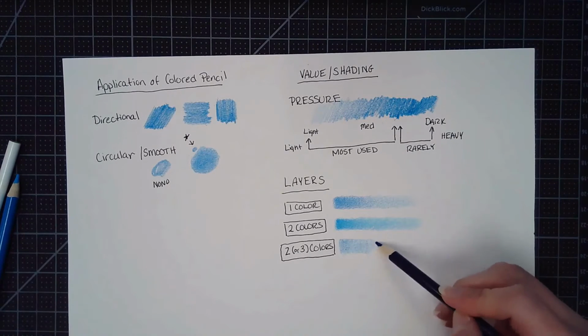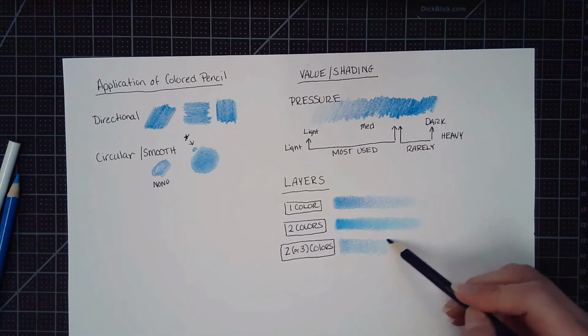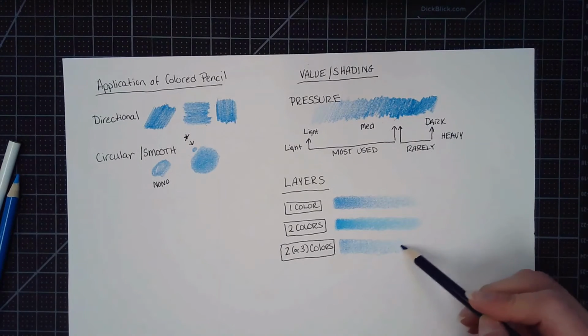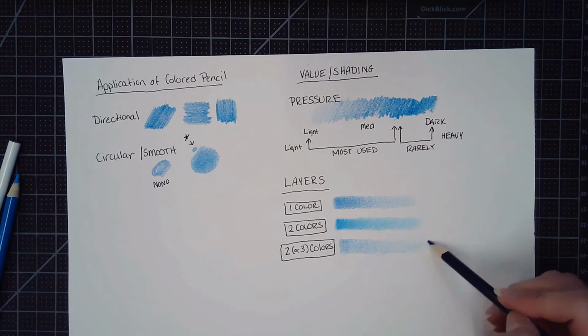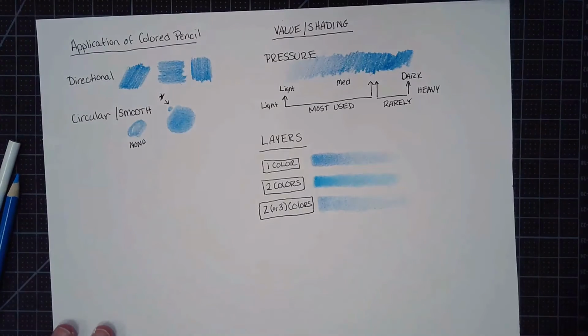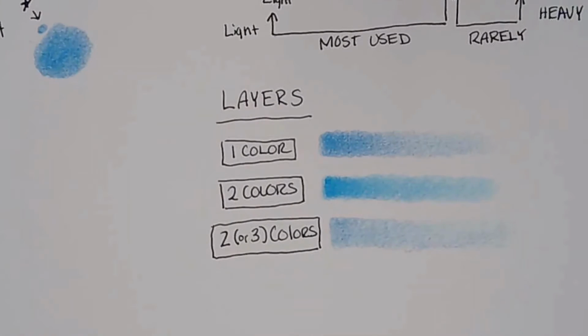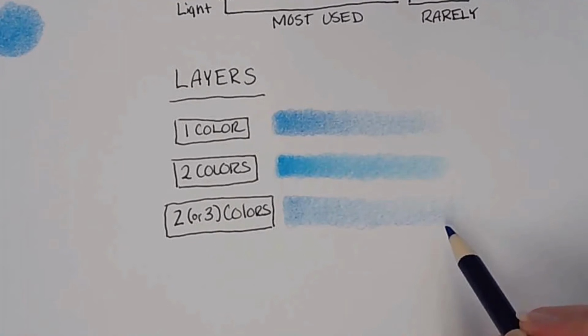So as I come across here with the same pressure, it is getting a little bit lighter. I'm also noticing my pencil strokes a little bit more, even though I'm overlapping. And that is because that white has created a little bit of a smooth surface. So that is why, let's see if I zoom in if you can pick them up, you can see a little bit of my stroke movement over here on the edge. There's some small little lines starting to appear here.